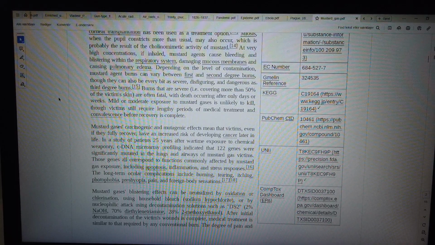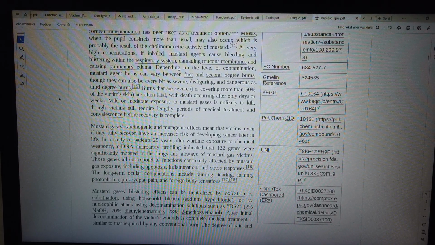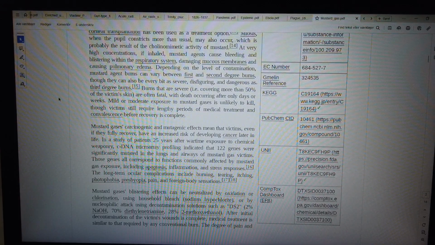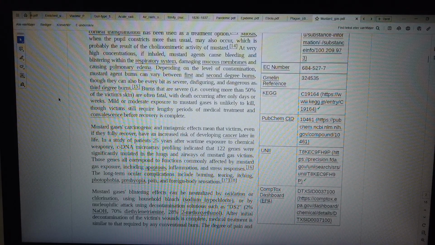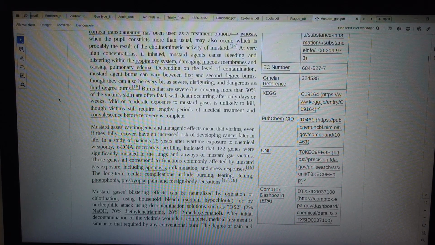Mustard gases' blistering effects can be neutralized by oxidation or chlorination, using household bleach, sodium hypochlorite, or by nucleophilic attack using decontamination solutions such as DS2, 2% NaOH, 70% diethylenetriamine, 28% 2-methoxyethanol. After initial decontamination of the victim's wounds is complete, medical treatment is similar to that required by any conventional burn.